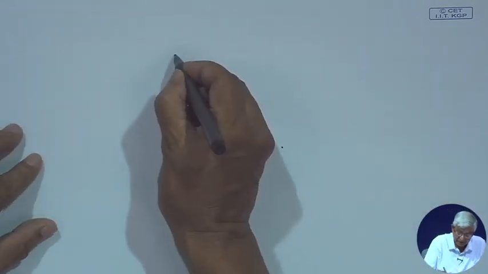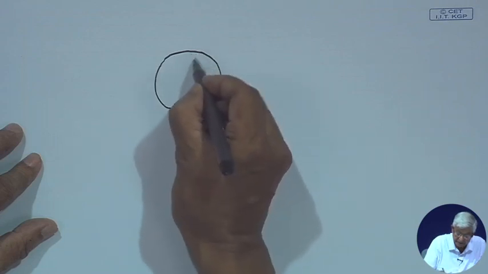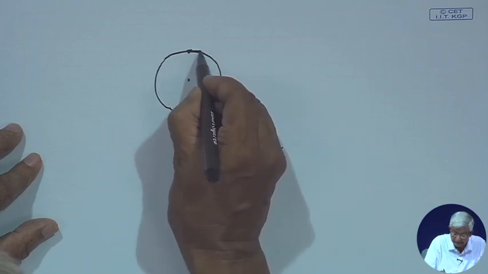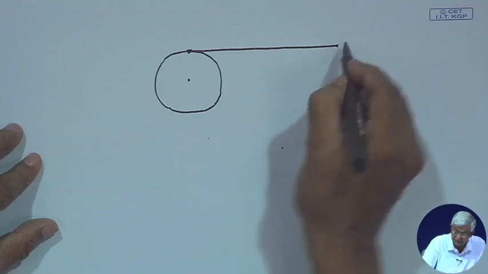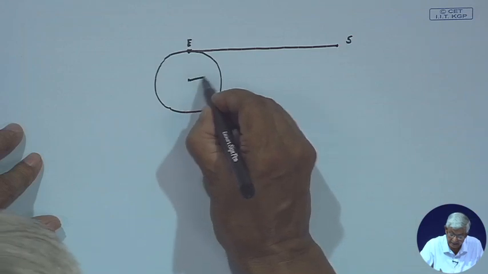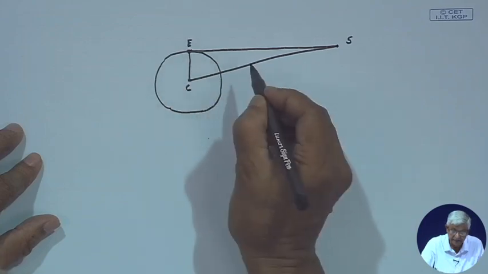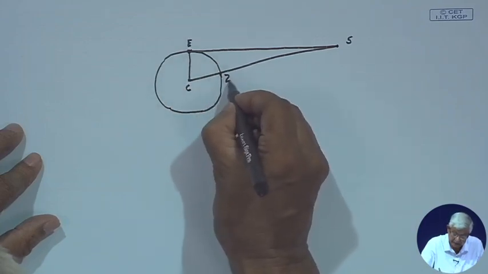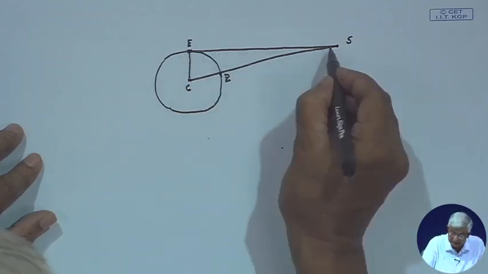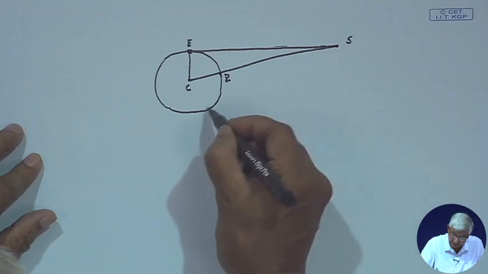If you remember that visibility we have calculated with this type of diagram, that there is an Earth station here and just grazing the Earth surface a satellite is available here, and let us call this the Earth station, this is the satellite, and this is the center of the Earth, this is the radius of the Earth, and this is the sub-satellite point Z. Since it is grazing this, from the satellite I can see the Earth up to this longitude and this side also up to this longitude will come.